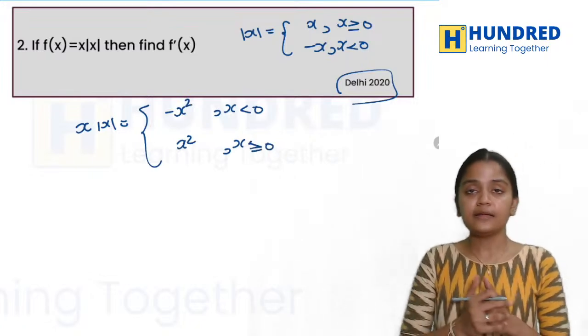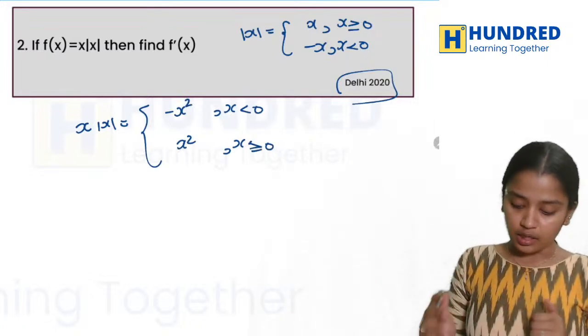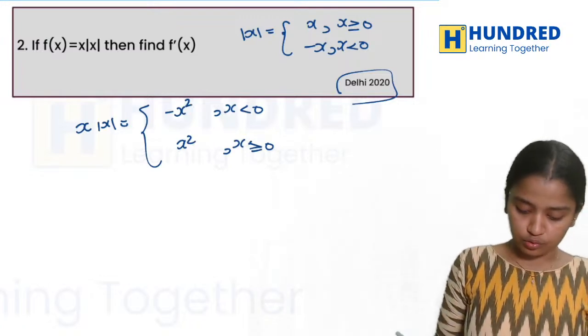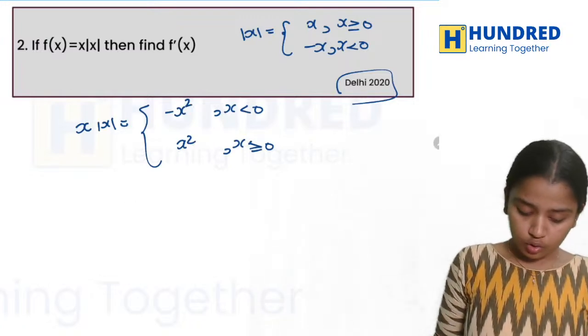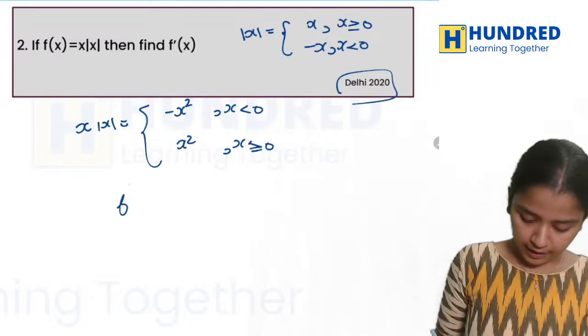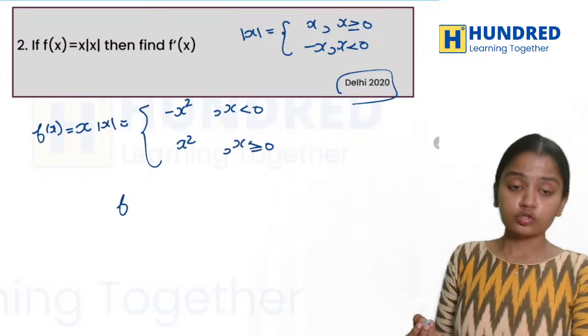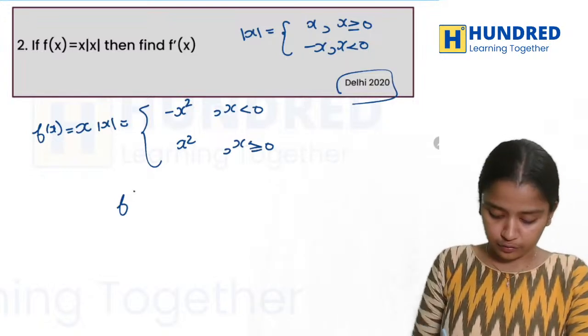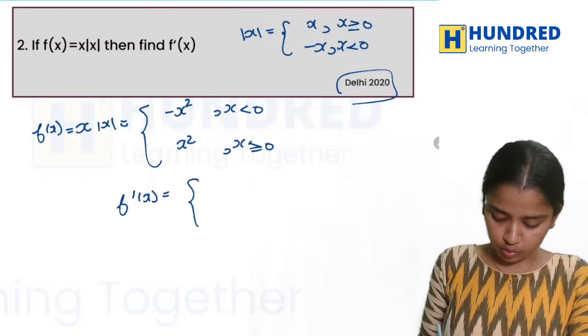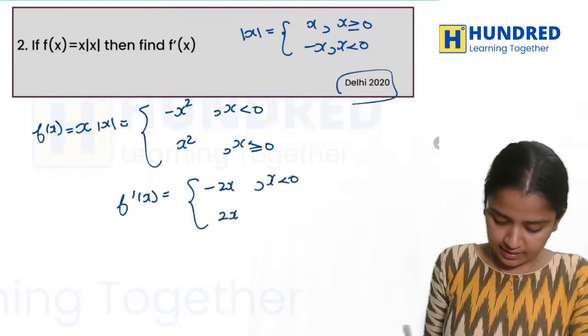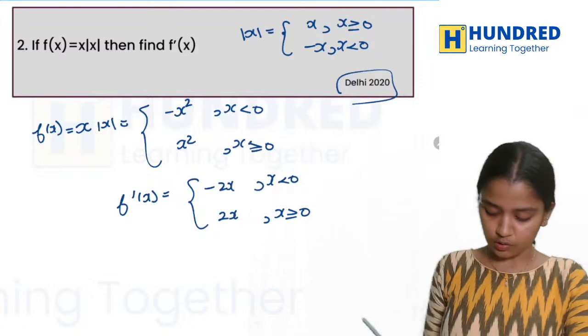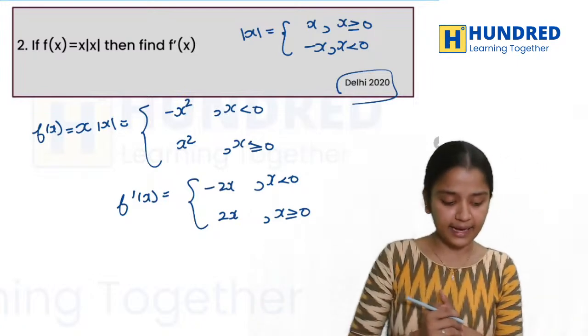So basically this is my f of x. So what happens to my f dash of x? F dash of x is equal to minus 2x for x less than 0, and 2x for x greater than or equal to 0.